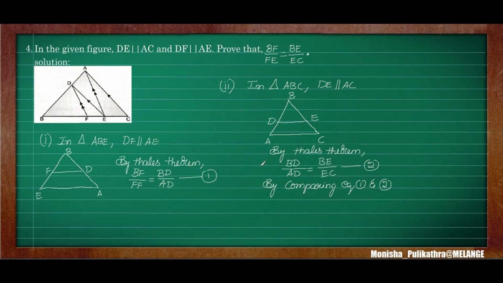So if this is equal, then BF by FE is equal to BE by EC. Therefore, BF by FE is equal to BE by EC. So hence proved.